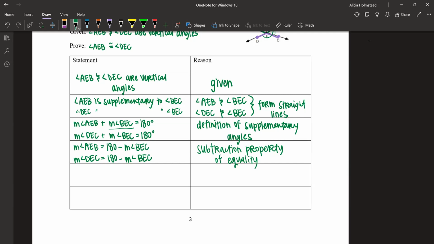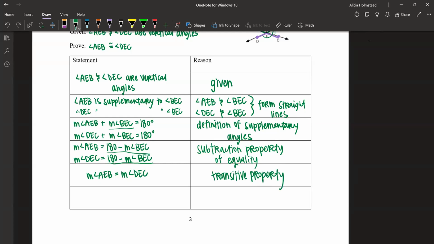So this statement here and this statement here are the same. So that must mean that the measure of angle AEB equals the measure of angle DEC if they're equal to the exact same thing. And this is called the transitive property.